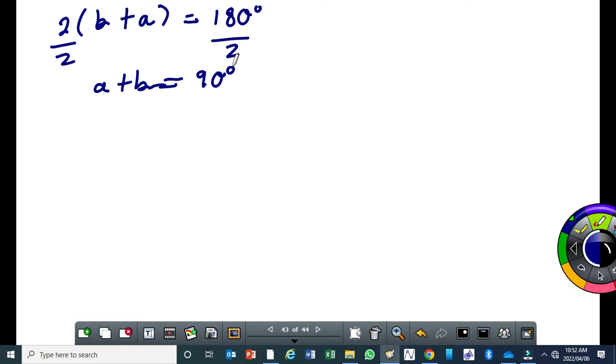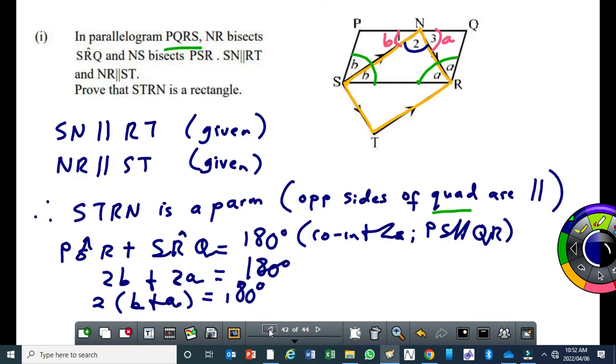Okay, I'm not done. What's the objective? The objective is for me to prove that quadrilateral STRN has at least one interior angle which is equal to 90 degrees. So I found that A plus B is 90. I'm going to use triangle SNR to calculate N2, and my N2 must be 90 degrees.